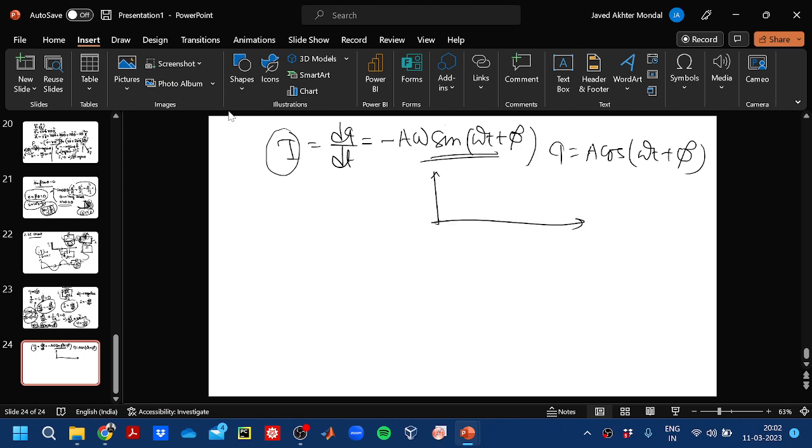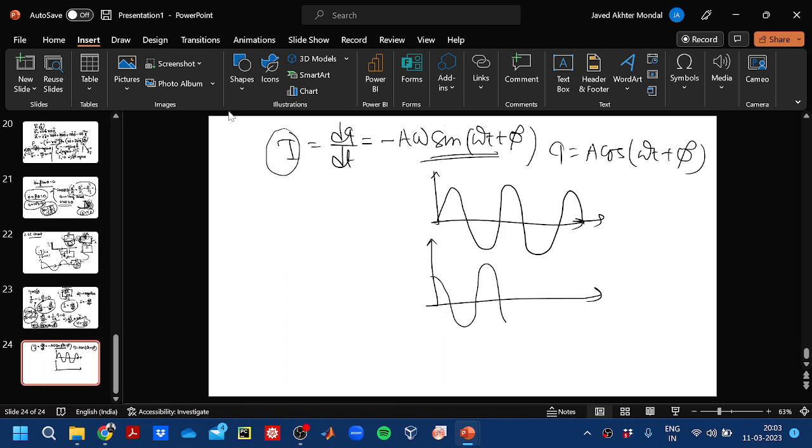If our q has an oscillatory solution of this kind, then the current will also have an oscillatory solution with a certain phase gap. So there will be a phase difference between these two. I has a negative sign, that means I is lagging. If this is q and this is I, both of them will have the same oscillatory solution, but there will be a phase difference between them.